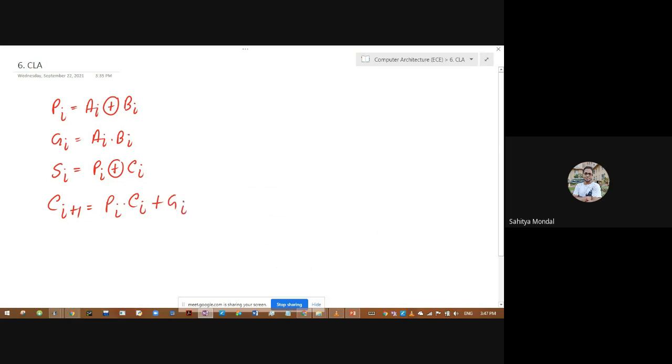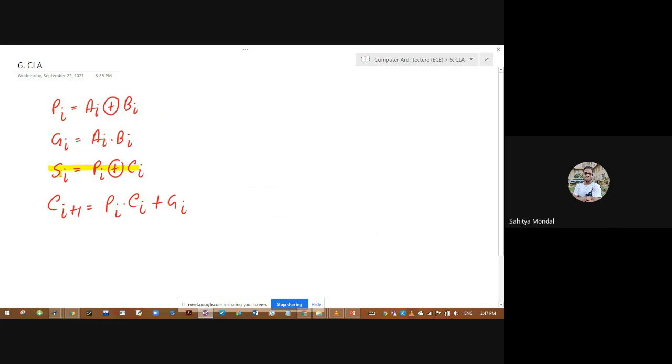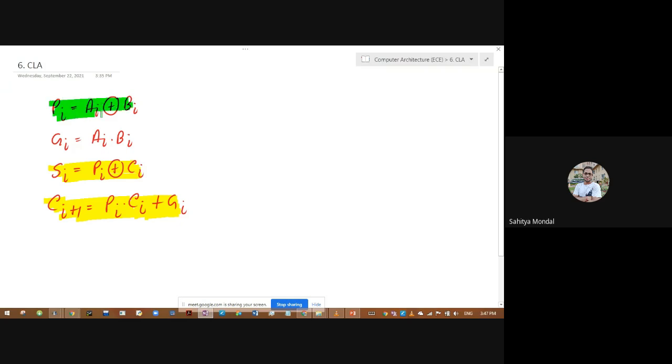Okay. Now, the actual formulas are the Si and this one, because we are going to generate the sum as well as the next carry. And these two, Pi and Gi, are the supportive formulas which are required for the second, third and fourth equations.